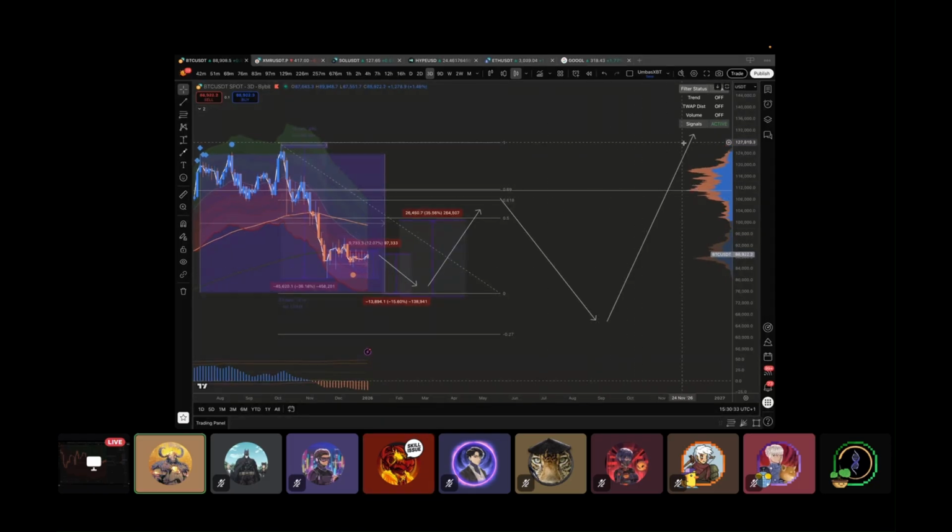But it would be quite normal because somewhere here we will have the next halving. Usually half a year or a year before the halving, you already print the macro bottom.